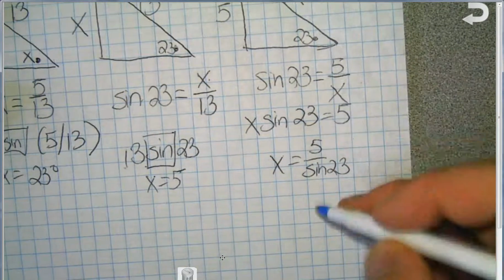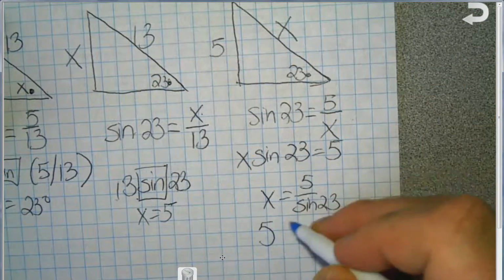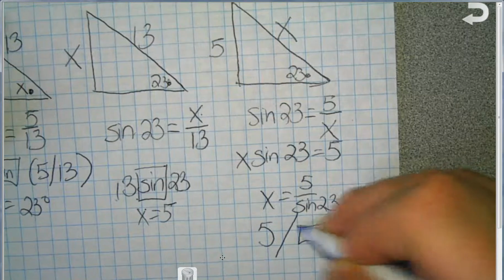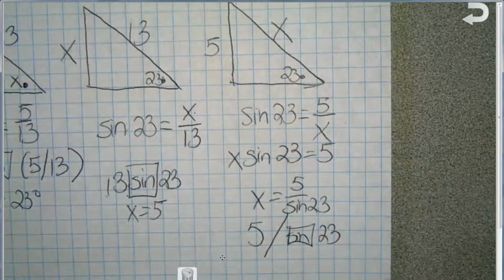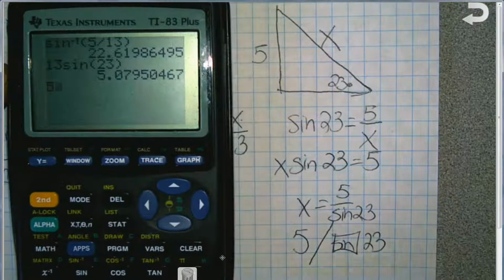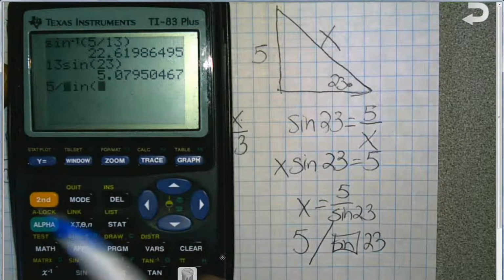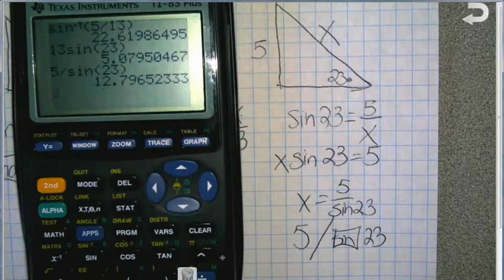And so when you have the x on the bottom, you're going to do 5 divided by the sine of 23. And we should get what when we do that? 13. And sure enough, don't we? 12.8. Close enough, right?